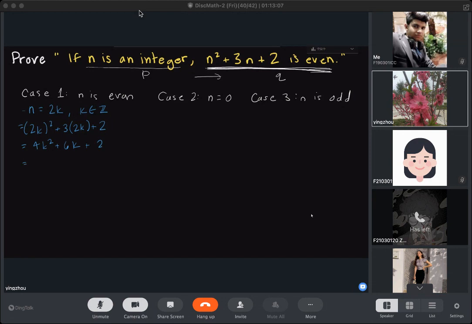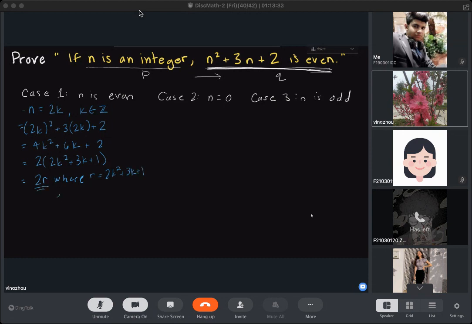And then if I take a 2 out of everything, I get 2(2k squared plus 3k plus 1). And remember the way that we did this before is quite often we'd say that's equal to 2r, where r is equal to all of that stuff, 2k squared plus 3k plus 1. So why does that matter?